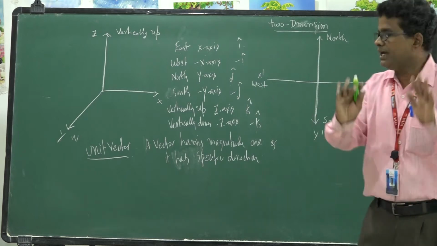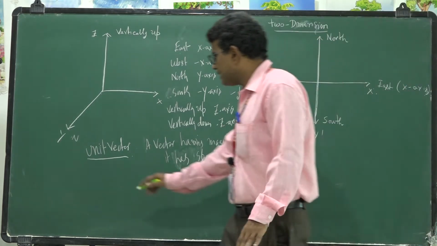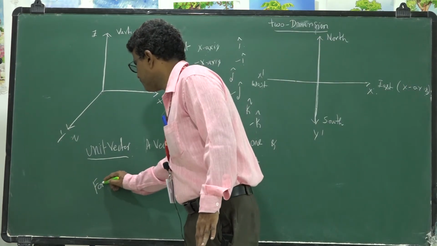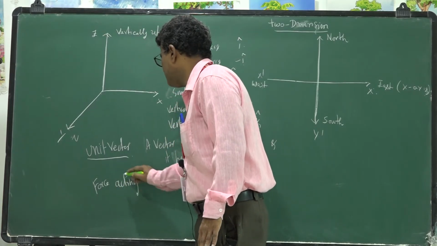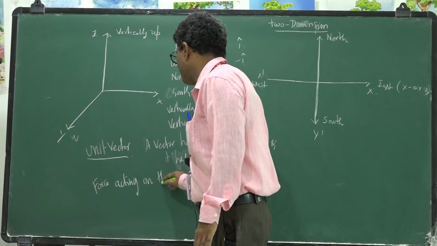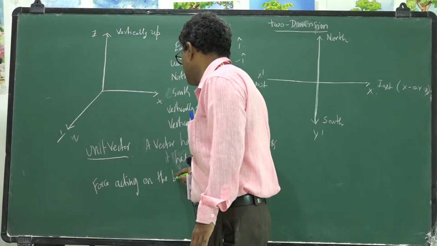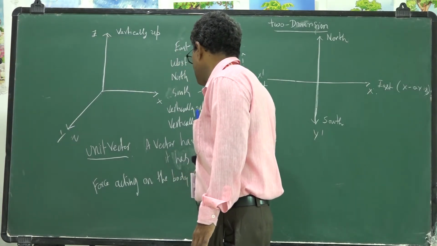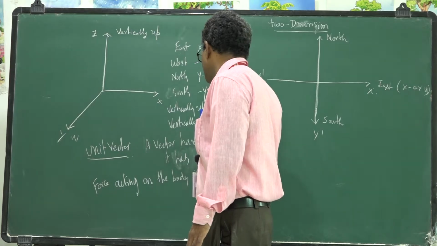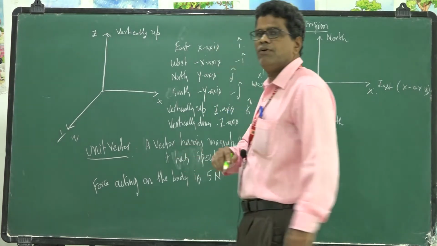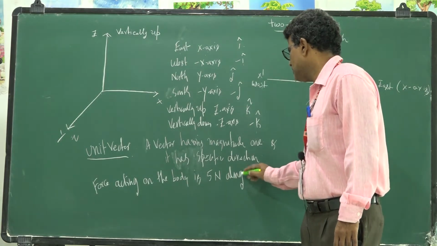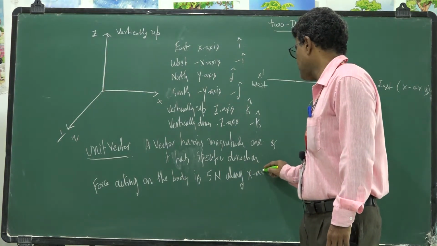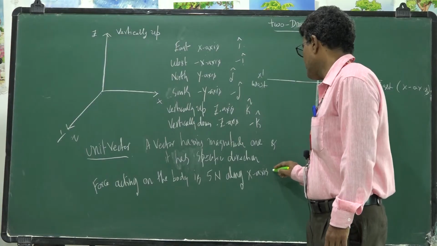Suppose you take an example: force acting on a body is 5 newtons along the x-axis or east.